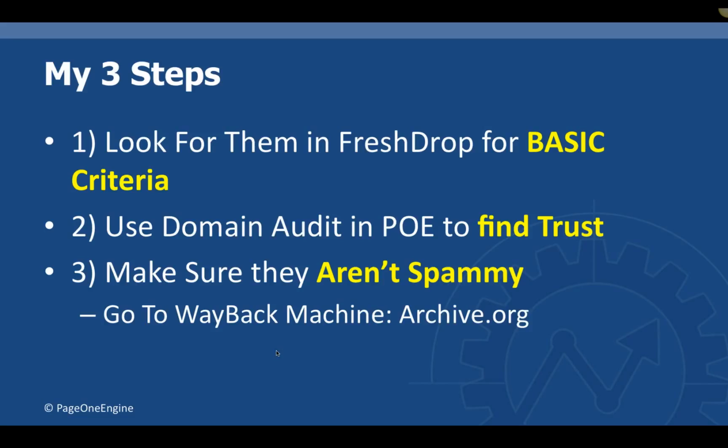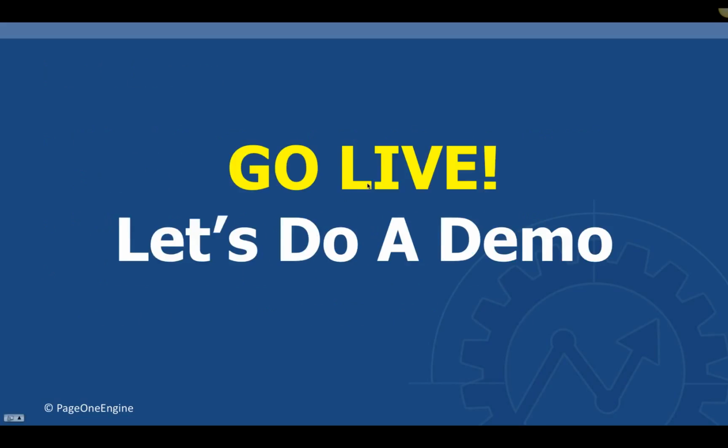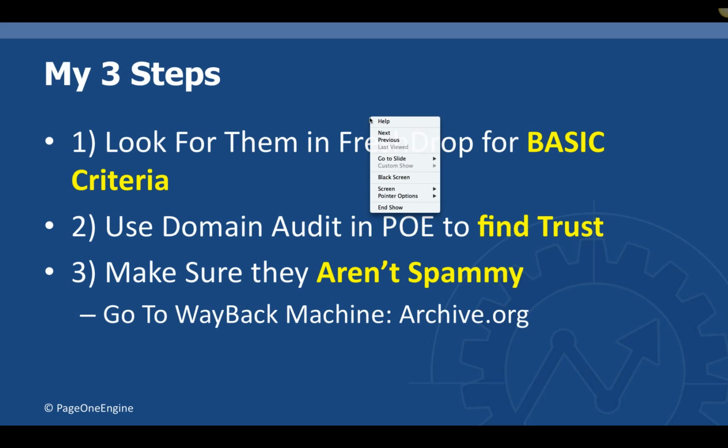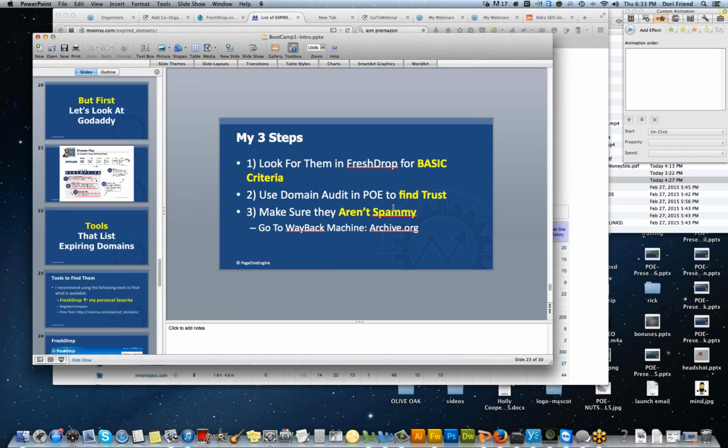If that is gone and it still has juice coming into it, to me it still makes sense. But you will hear from others that it won't make sense whatsoever, and to never do that. So I'm going to go both ways with you, and you can make your own decision. Of course, SEO is kind of a science, but it's a lot of art too. So let's go, we're going to do a demo.